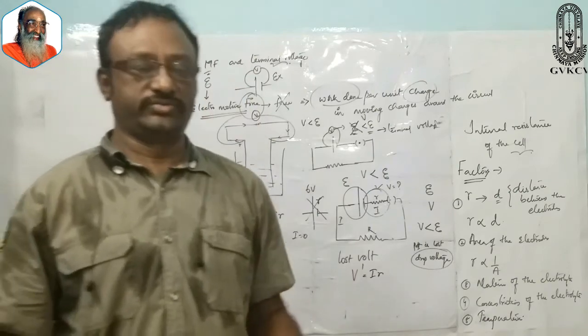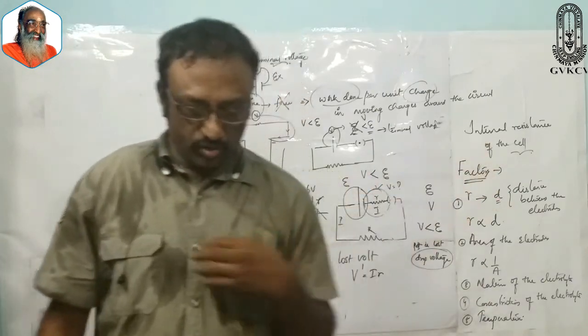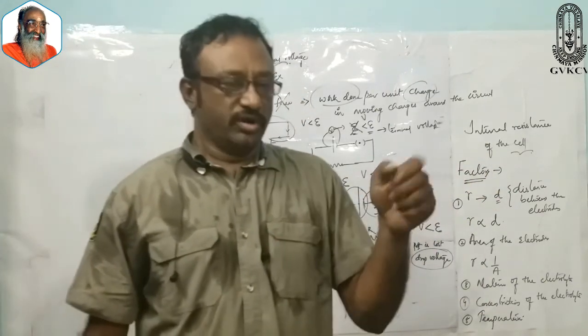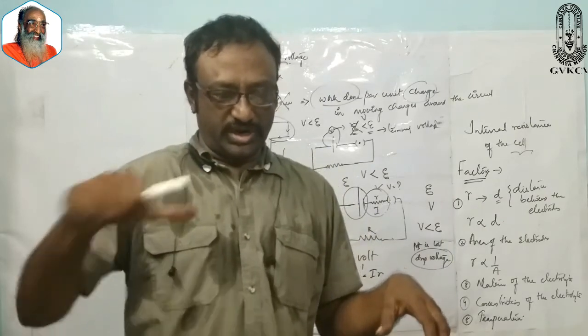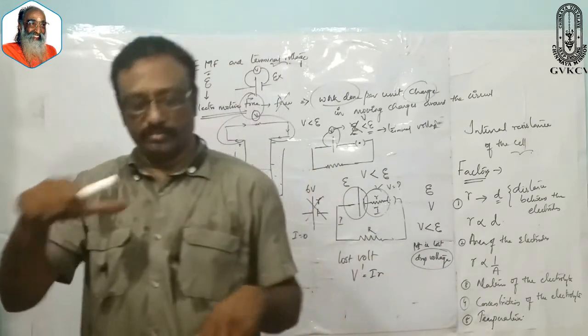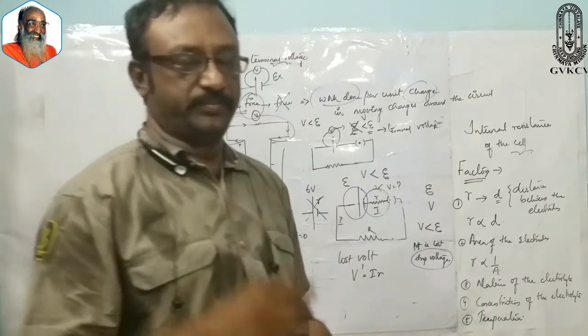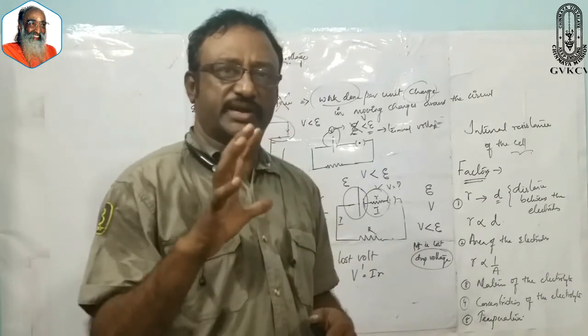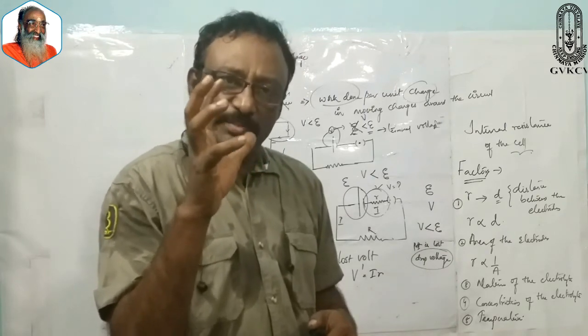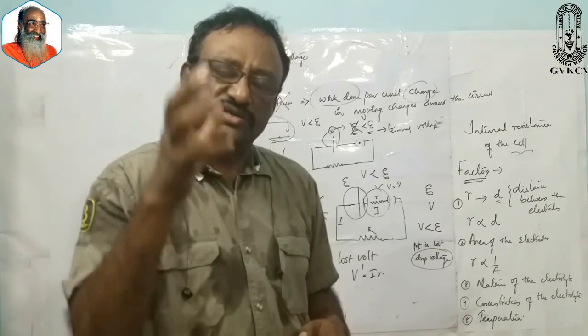It won't start generally. It means that the charge the battery is providing is not sufficient to operate the engine. That means the resistance by the electrolyte is more. Less the temperature, more the resistance.